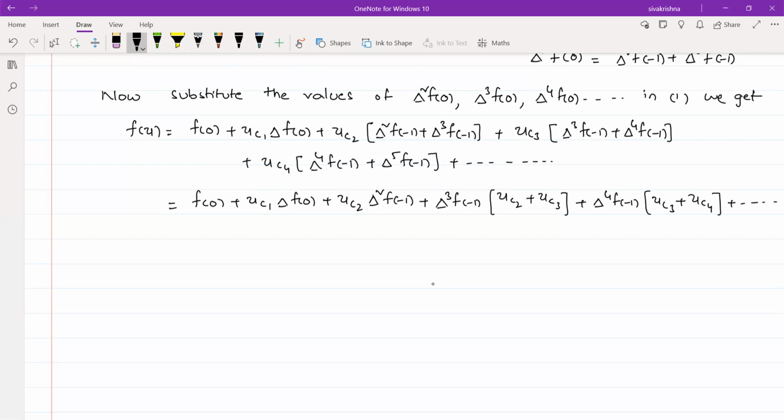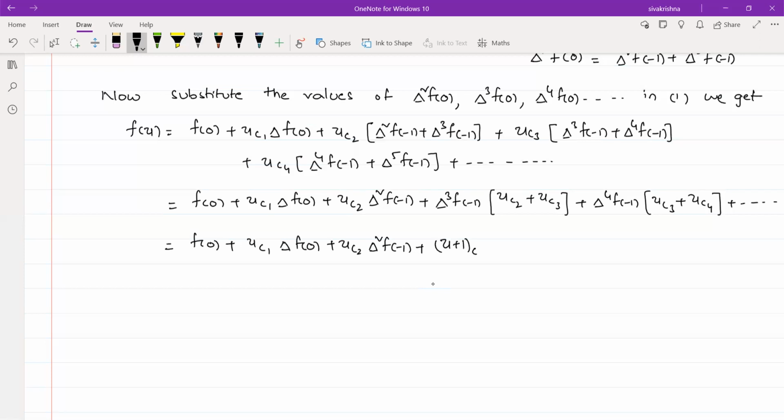Okay, so after that we can write this as f of 0 plus uc1 into delta f of 0 plus uc2 into delta square f of minus 1 plus uc2 plus uc3 can be written as u plus 1 c3. This is by the binomial formula.